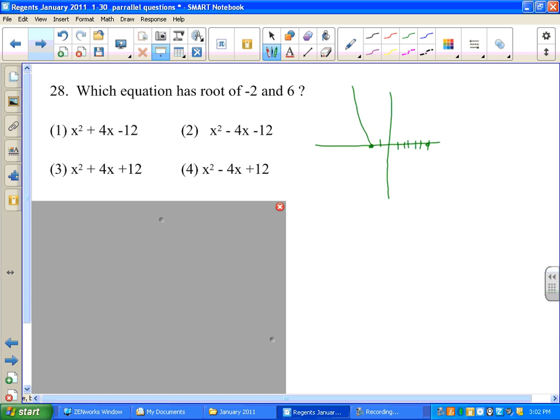If we have a parabola and it goes through the x-axis at -2 and +6, those are known as roots, they're known as zeros, and they're known as x-intercepts.